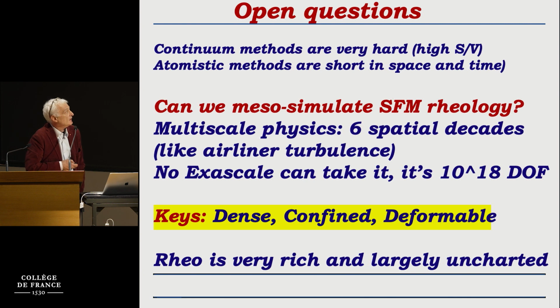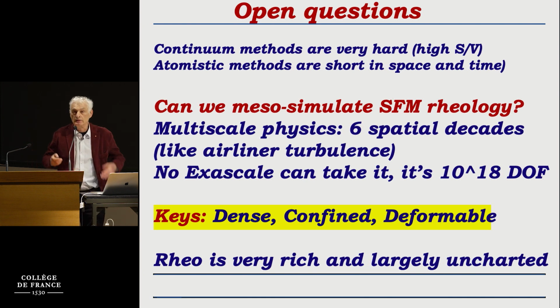But again, the point for us was, how do we describe this type of configuration, which are dense, confined, and deformable? And they span, nevertheless, 6 decades, because the promise of the ERC, the only reason, I guess, why we got the ERC, is that we promised that we would go all the way up to the experimental scale, meaning 10 nanometers to 1 centimeter, maybe 1 millimeter.